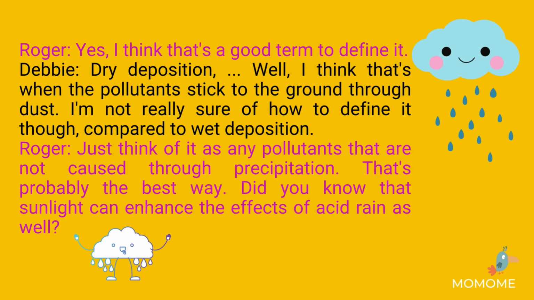Yes, I think that's a good term to define it. Dry deposition. Well, I think that's when the pollutants stick to the ground through dust. I'm not really sure of how to define it though, compared to wet deposition. Just think of it as any pollutants that are not caused through precipitation. That's probably the best way.